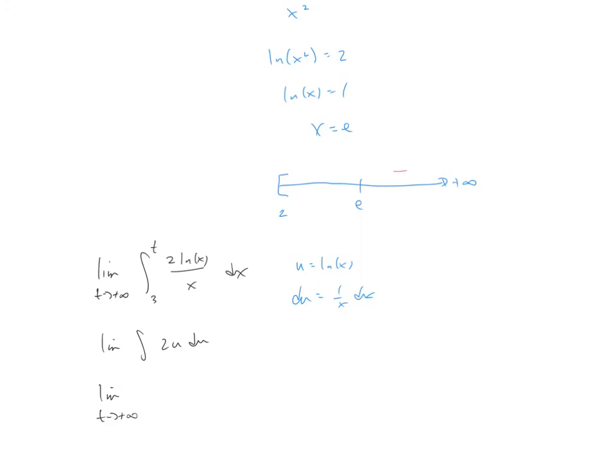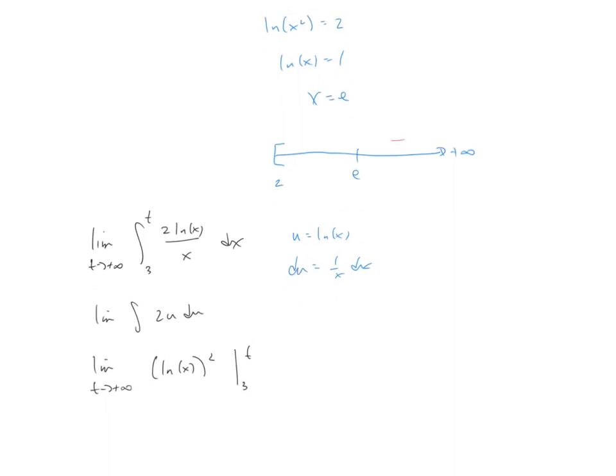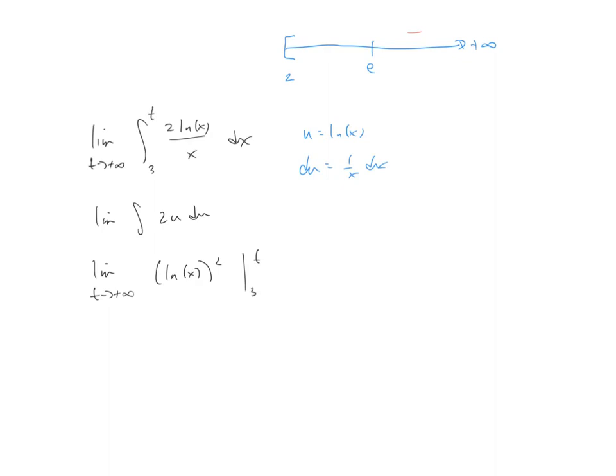As I integrate, this will just give us the natural log of x, quantity squared, evaluated from 3 to t. I just added 1 and divided, coming up with this. Now, as I evaluate this, I'm going to have the natural log of t, quantity squared, minus the natural log of 3, quantity squared.